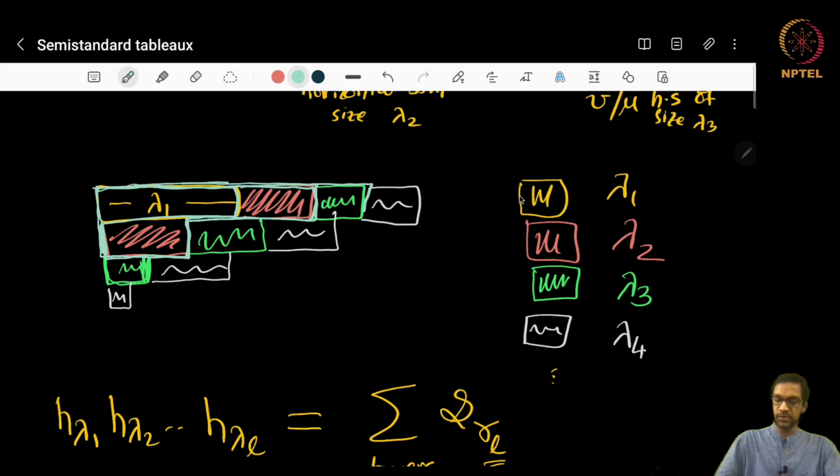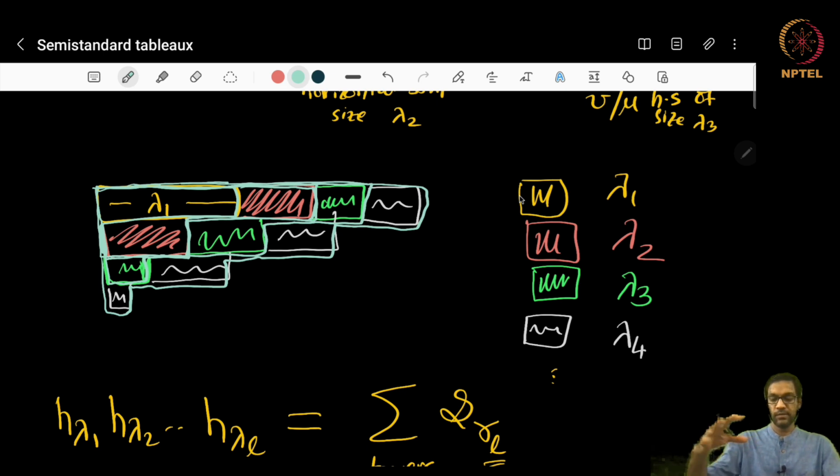The third shape is everything plus the green boxes. The fourth shape is everything and the white boxes, and so on. So it's a nested sequence of shapes such that the differences at every step form a horizontal strip with exactly lambda I boxes. That's exactly what the iteration is telling us.